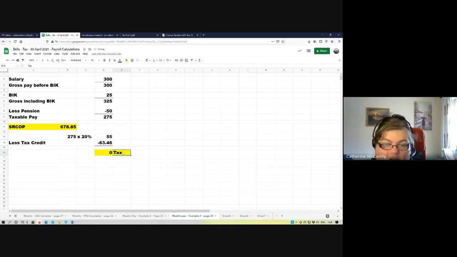So the tax is 0, and that leaves you paying no tax that week. What would happen if you're on a cumulative basis is that the extra tax credit you haven't used that week would be carried forward to your next week's pay. So you don't lose it, it'll be carried forward.